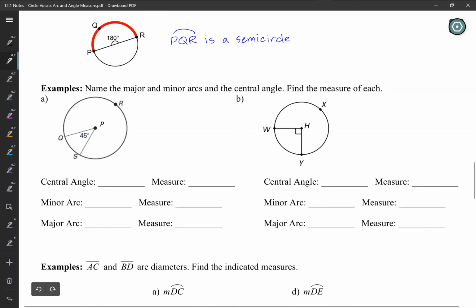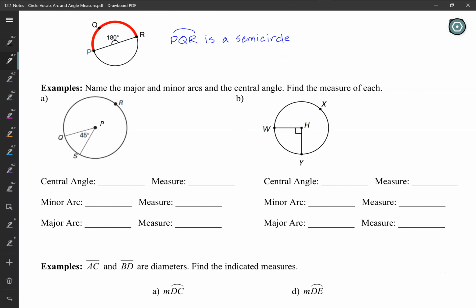So here's a couple more like the one we just did a minute ago: naming the central angle, giving its measure, naming the minor arc, giving its measure, naming the major arc, giving its measure. So I will do these very quickly. My central angle right here is angle QPS. Don't leave off the angle sign. Its measure is 45 degrees.